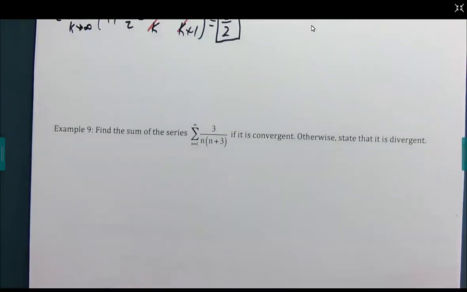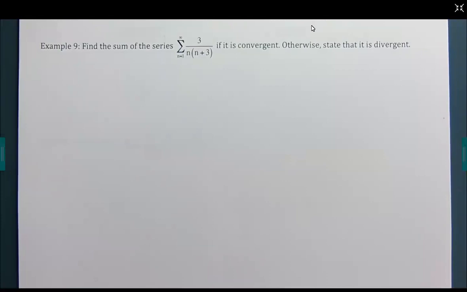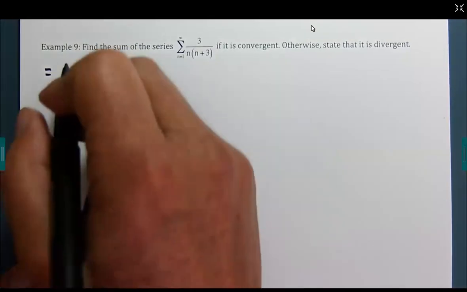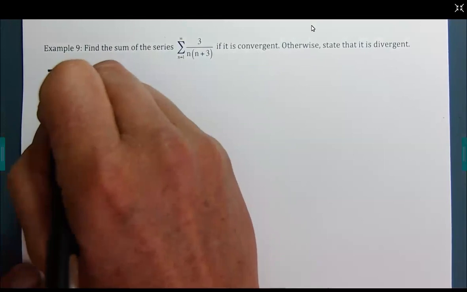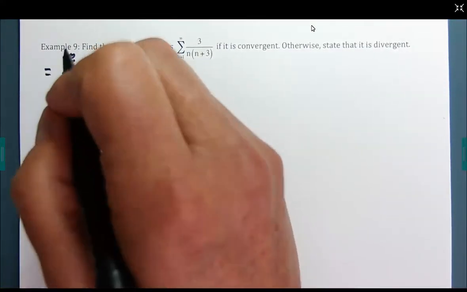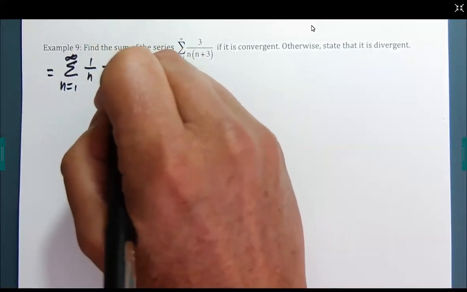We'll try one more. Once again, I will do the partial fraction decomposition separately. And this becomes the summation n equals 1 to infinity of 1 over n minus 1 over n minus 3.